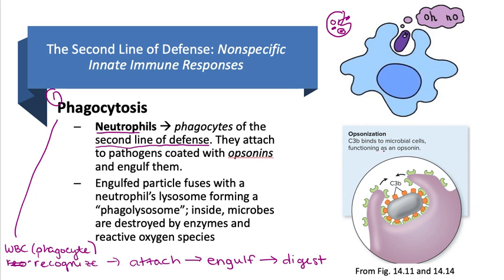So the one term your book talks a lot about, and this is not going to be in your test, but it is important to understand if you do the reading. There's this process called opsonization. And this is when the white blood cell coats the bacterium or the pathogen with opsonins, or proteins or small molecules, that it will then be able to recognize and use for attachment.